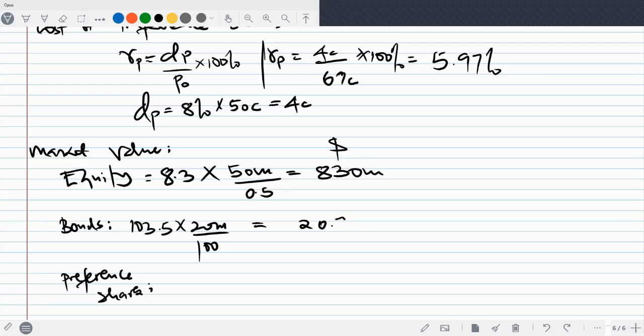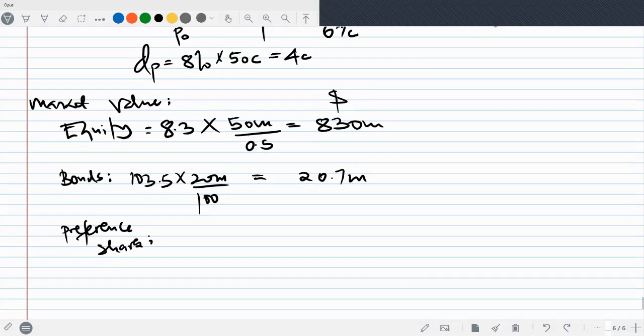That gives 20.7 million, the market value of the bonds of the company.